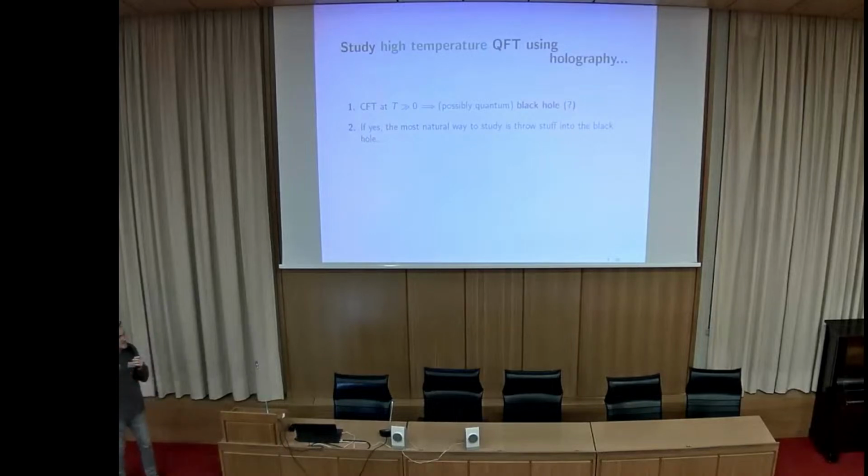Basically, the first studies of non-equilibrium dynamics in N=4 super Yang-Mills were just a finite temperature black hole, and then looking at quasi-normal modes. So just throwing some matter, scalar fields, for example, and seeing what the reaction is. So basically, we try to understand the black hole not by itself, intrinsically, but how it interacts with matter, how it feels gravity.